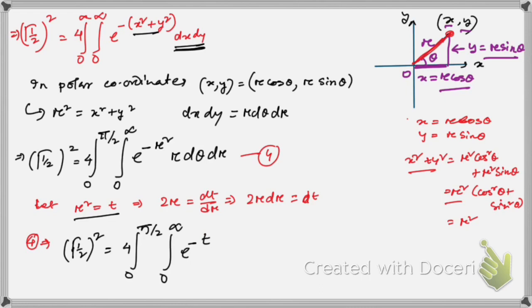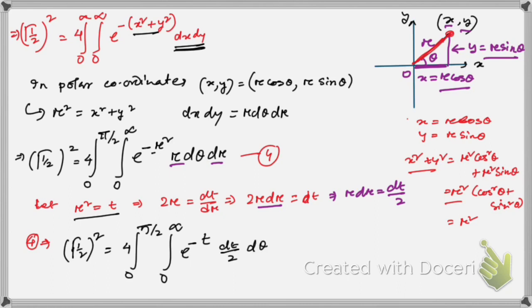Now you can see this r dr can be replaced by this. r dr will be equal to dt by 2, right? That will be replaced by dt by 2. So we can write dt by 2, and we have d theta.